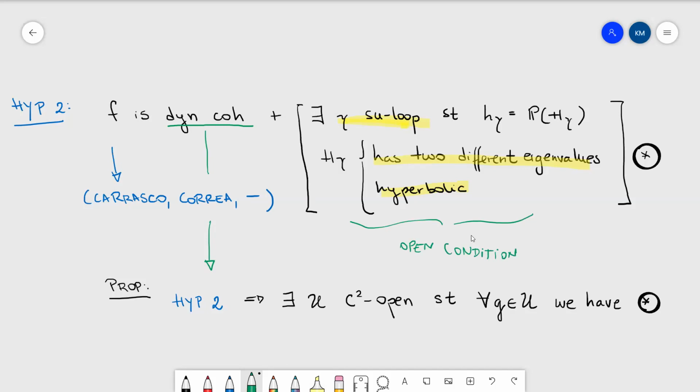As before, I have an SU loop, an SU path that starts and finishes at the same point, and I'm going to perturb my diffeo. And I need to guarantee that for every C2 close diffeo, I also have an SU loop. And this SU loop also has these properties.